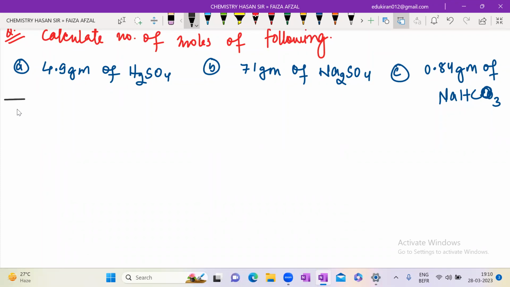Number of moles for H2SO4 is 0.05. Very good. That means given mass 4.9 and molar mass 98. If you remove the decimal, it will be 10 here, and it will be 1 by 20 moles. That means 0.05. Very good. Wait a minute. What about the second one?